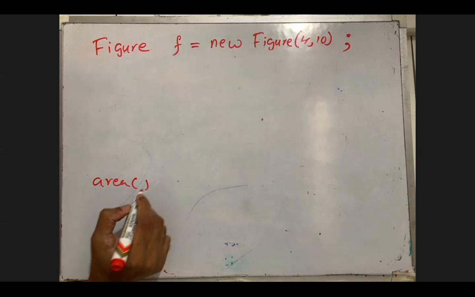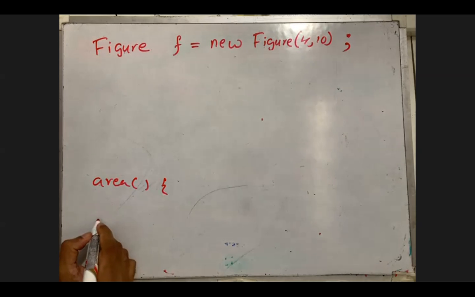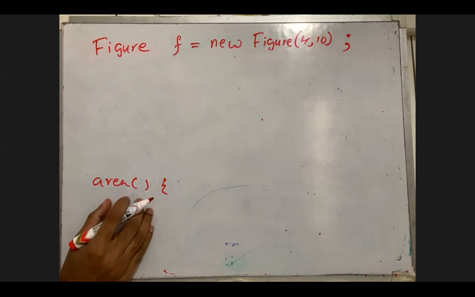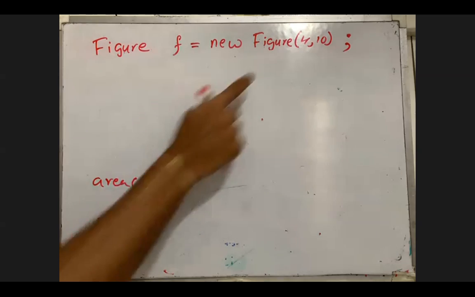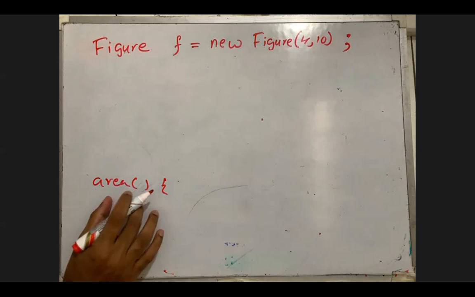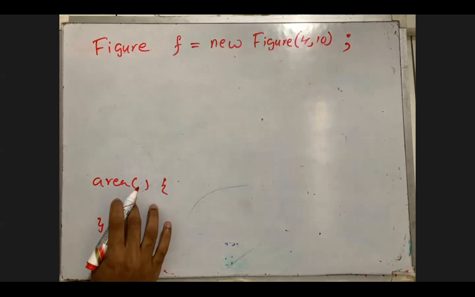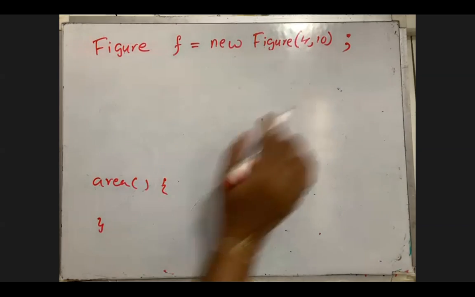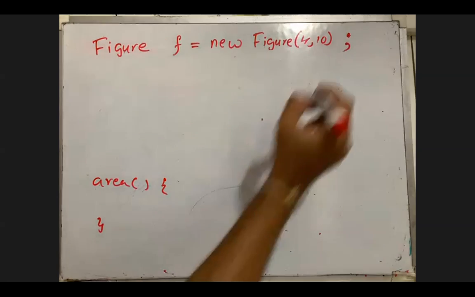How to calculate the area? This is not implemented. Okay, you can implement that one. So if you can implement this one, then you can create the object from here. So when you are creating, if you can implement it, implement this one inside here.